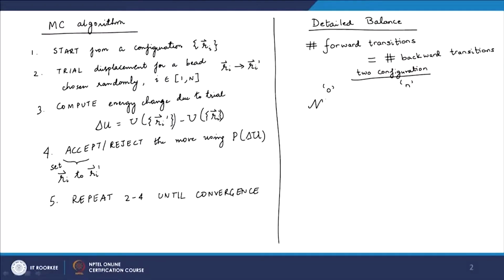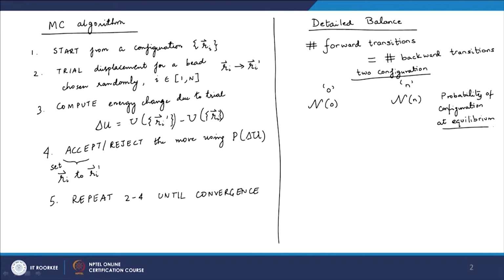So, let us say N(O) means the probability for configuration O to occur and N(N) be the probability for N to occur, at equilibrium, that is very important.